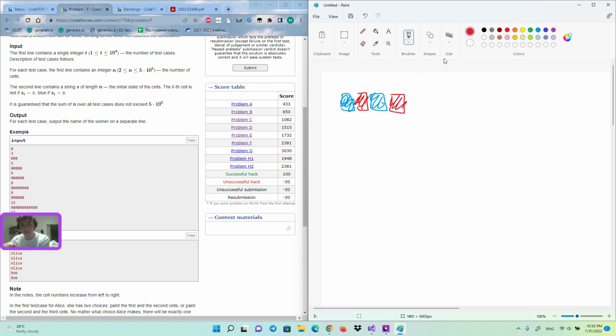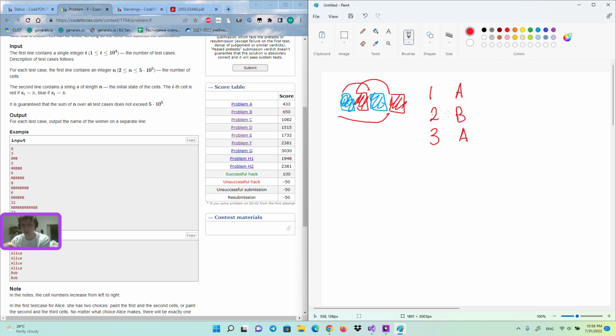Okay, and it's not very hard. For example, if there is an alternating segment of size 1, then Alice wins because she just destroys one segment. If there are two segments like this, then Bob wins. And if, for example, 3, then Alice wins because she destroys these two.